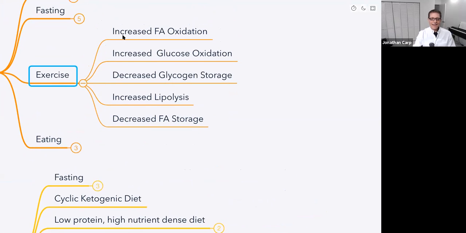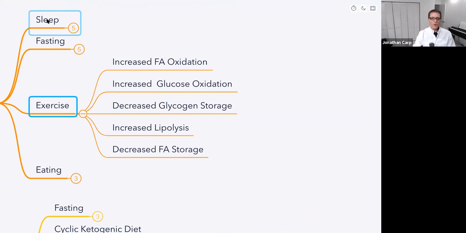So you can see that being able to shift between sleep and fasting and exercise is essentially almost, if you just look at it from these aspects, your body is basically shifting back and forth between all these different things. That's what's maintaining your metabolic flexibility.